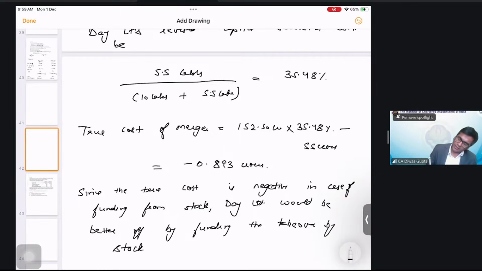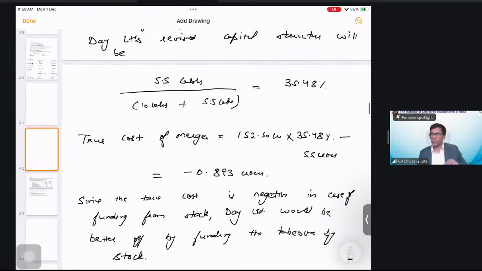That means they are getting a benefit here by funding through stock.